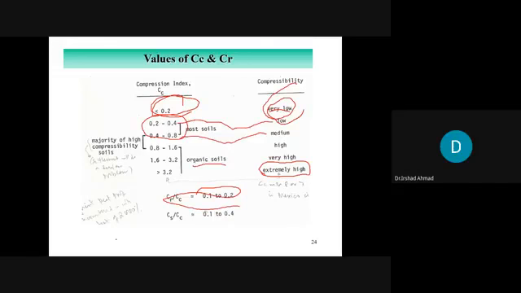And you see that Cr, the recompression curve, has a slope of 0.1 to 0.2 of Cc. It means that the recompression slope is very mild. Cc is very steep and Cr, the recompression slope, is very mild. It means that if your foundation stress is such that you are in the recompression part, it is going to settle very little. But once it is more than the pre-consolidation pressure and you come into the normally consolidated part of the curve, there will be huge settlement.